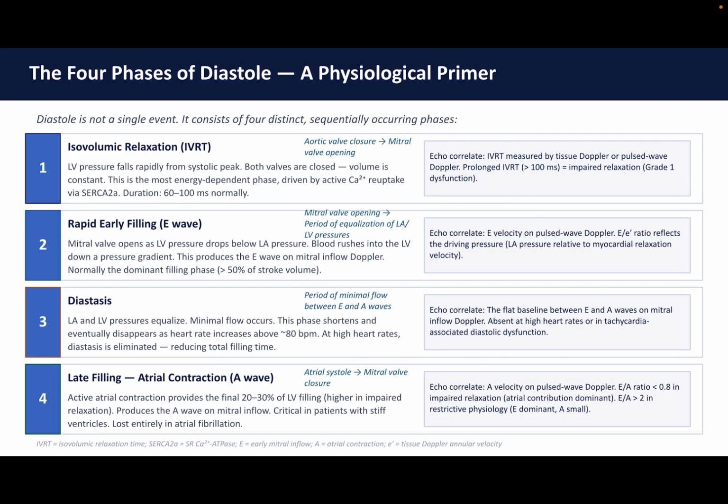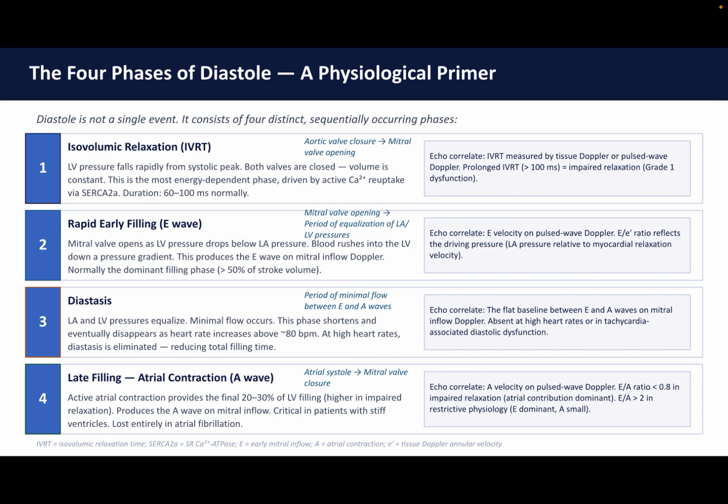The 4 phases of diastole, a physiological primer. Now, let's break diastole into its 4 sequential phases. Each phase has a distinct physiological mechanism, a distinct echo correlate, and a distinct clinical meaning when it goes wrong. Phase 1, isovolumic relaxation, IVRT. Both valves are closed.